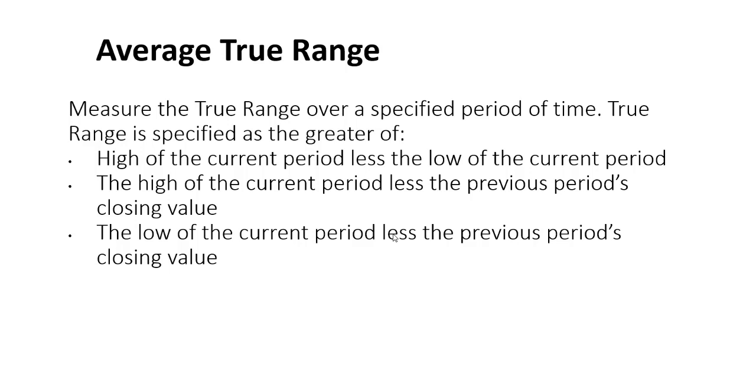So you are going to use these 3 methods to find which of them has the biggest value. It could be negative or positive, but you want to see the absolute value, regardless of the sign, whether plus or minus. You want to see the biggest value. That will be the true range for that period, okay?